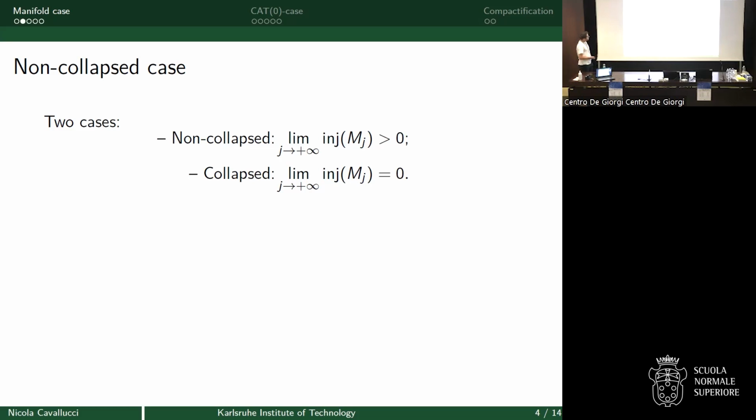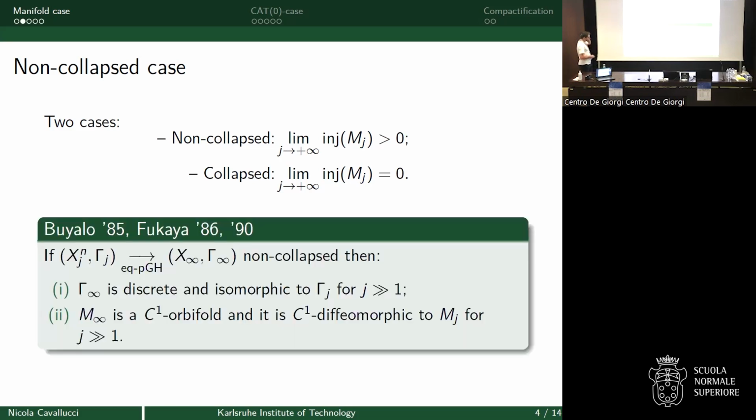In the non-collapsed case, everything is easier, because in that case, the limit group is actually discrete, and isomorphic as an abstract group to Gamma_j for j big enough. And we have also that X_infinity is a C^1 manifold, and so the quotient is a C^1 orbifold, and we have diffeomorphic stability. So in that case, we can say everything, okay?